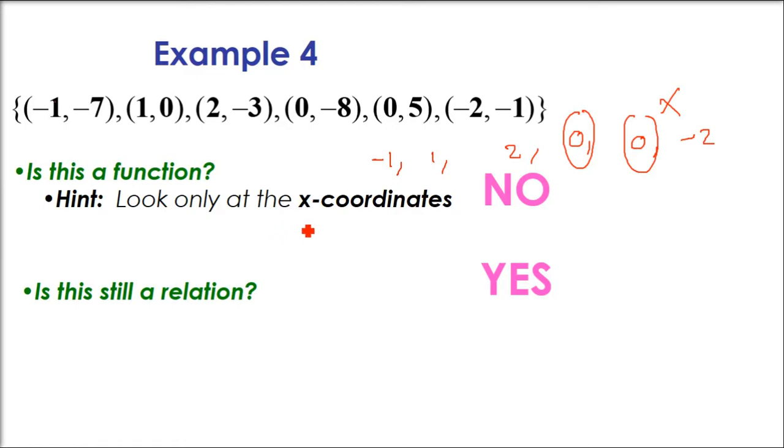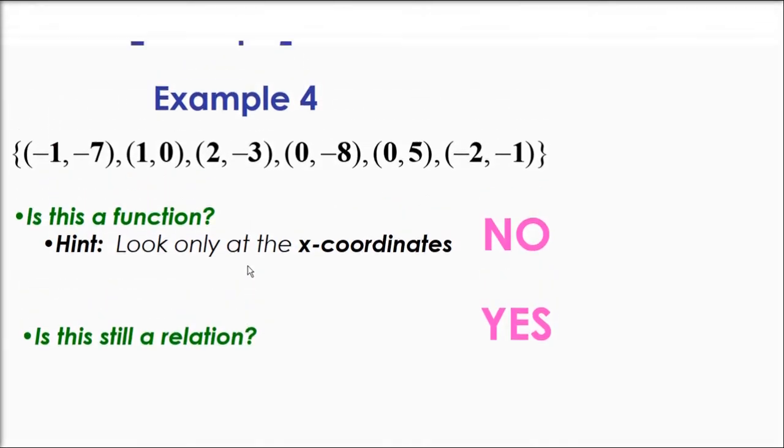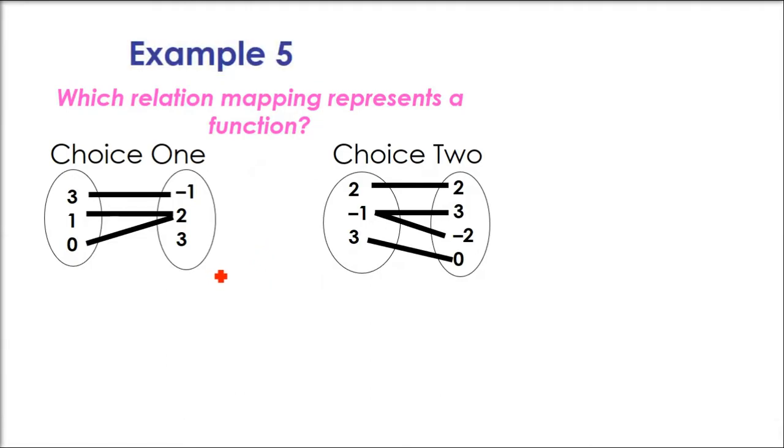X two times, multiple times, no function. Now graphically, just see graphically now. Same thing. Two x values giving one y value, no problem.